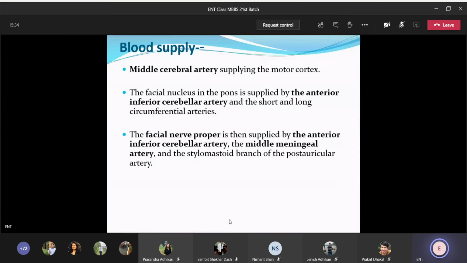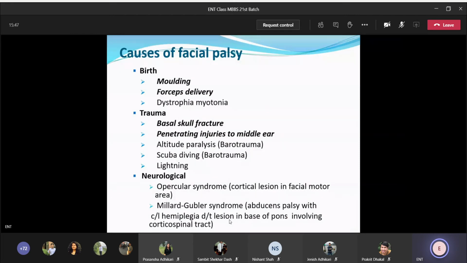So it is firstly supplied by the anterior inferior cerebellar artery, the middle meningeal artery, and the posterior auricular artery.